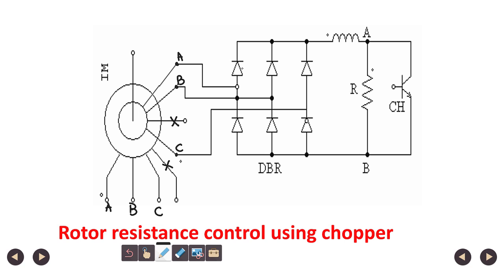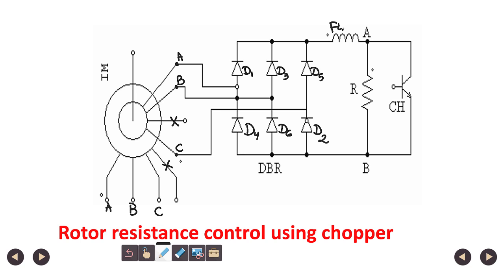Diodes are D1, D3, D5, D4, D6 and D2. This is the 3 phase diode bridge rectifier, and this is the filter.